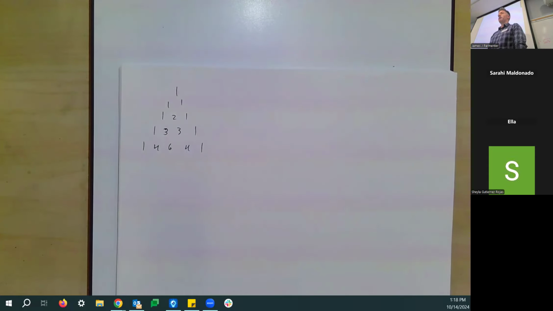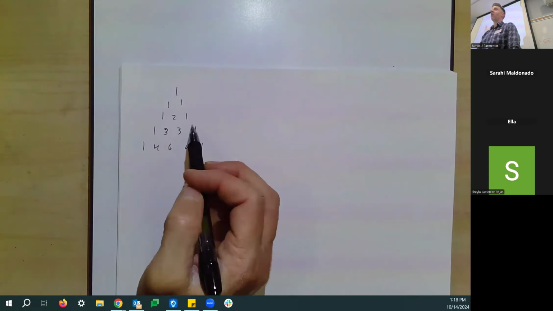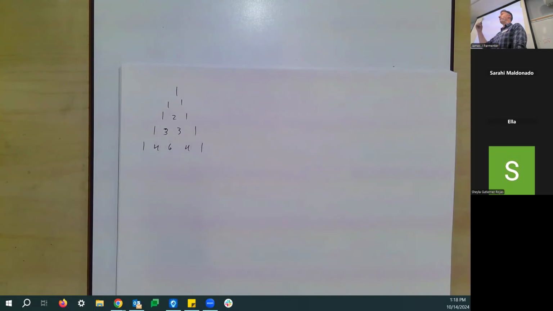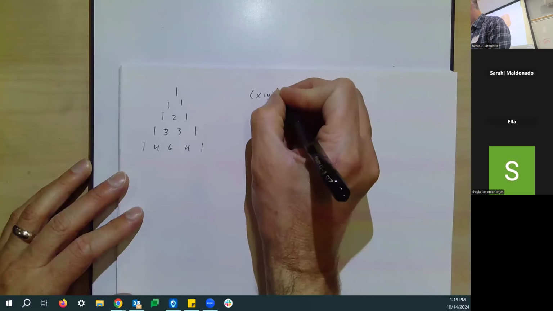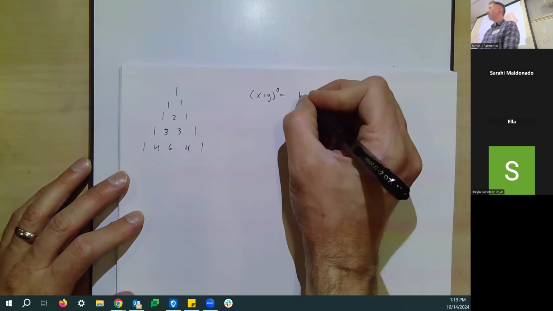One of the patterns that's in it is that these numbers here are the coefficients of the binomial expansion. So like if I wrote out x plus y to the 0th power, I would get 1.